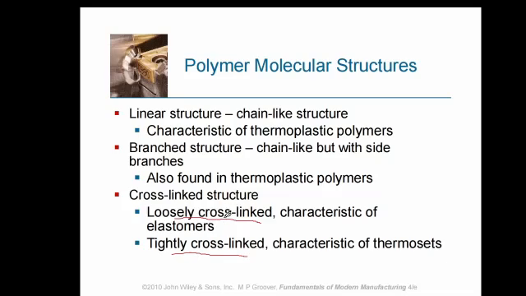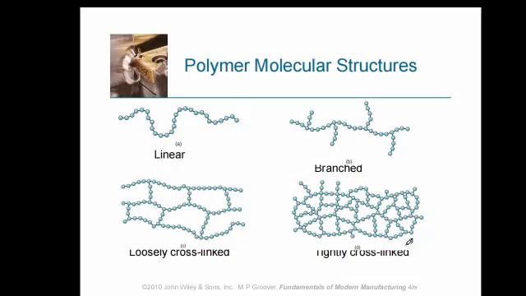And loosely cross-linked structures result in elastomers, the rubbers. Whereas tightly cross-linked polymers result in thermosets. And the diagrams here show the different polymer structures.